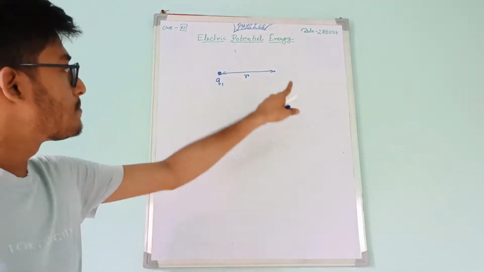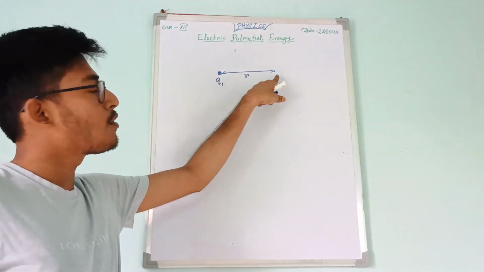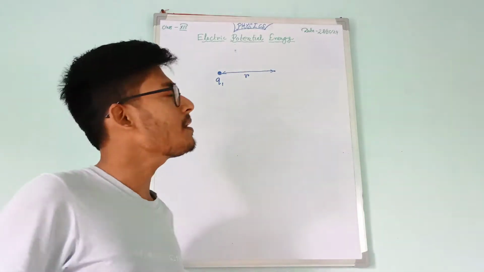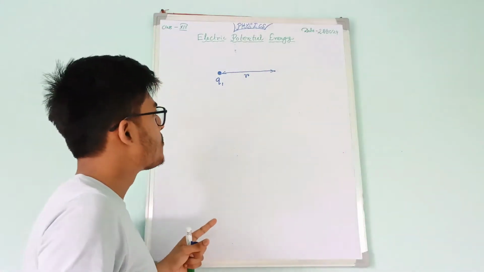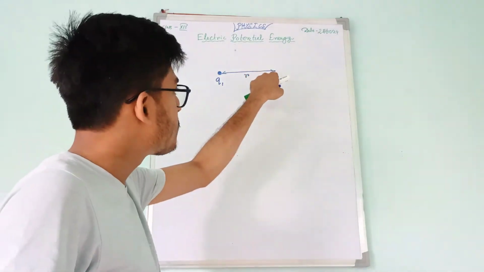Just assume there is a point inside the electric field of q1, and the distance from q1 to that point is r. We now have to calculate the potential at this particular point.